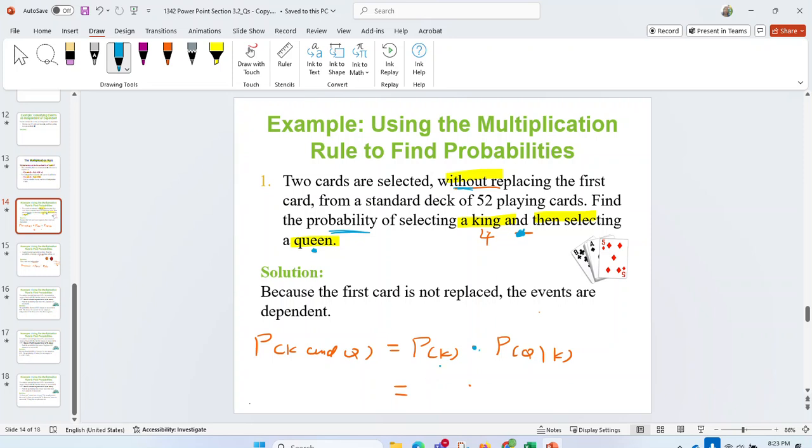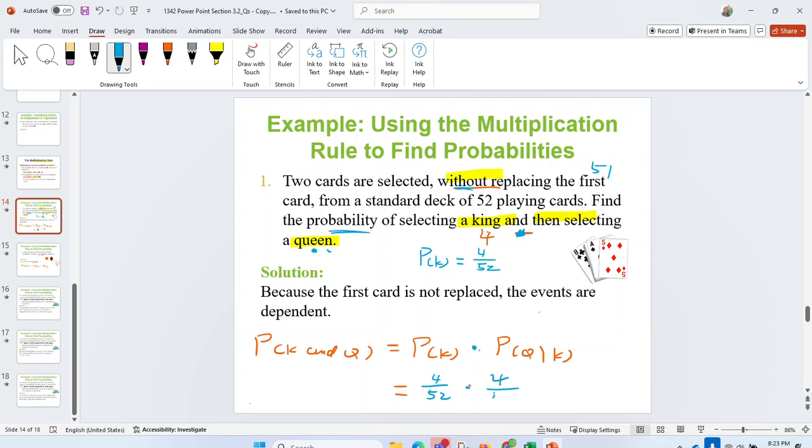So what is the probability of getting a king at event 1? Well, I have 4 kings out of the 52. That's the first one. The second one, since you do not replace the card, I only have 51 left, and I still have 4 queens. So I will have 4 over 51.